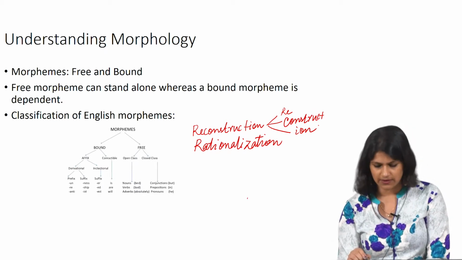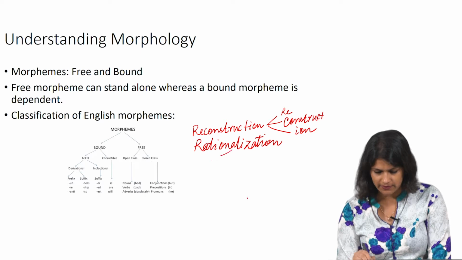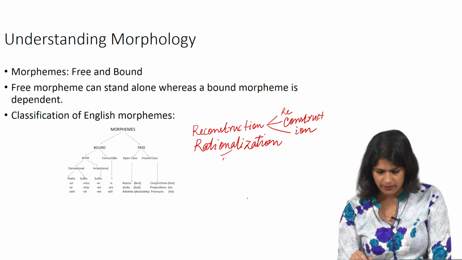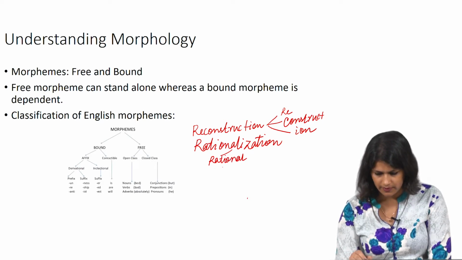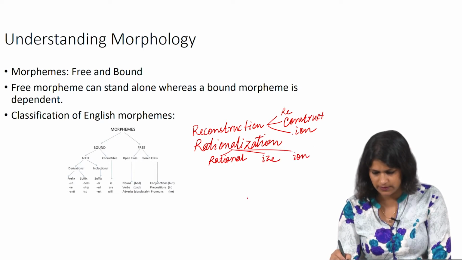Now, let us go to the second one. The second word could be rational, then it could be rationalize, then it could be -ion. So, when it is a suffix, we put a hyphen before that.